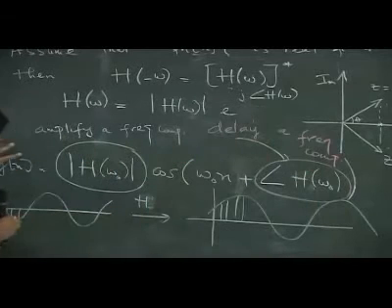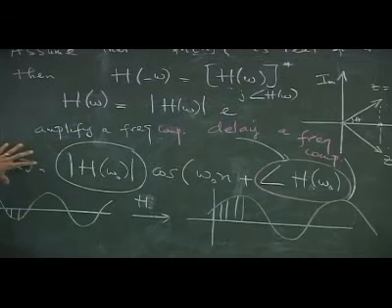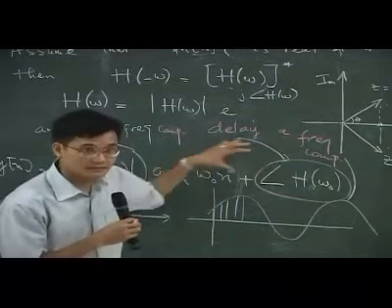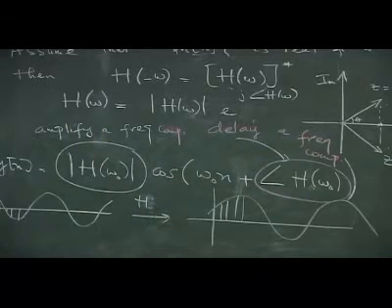Right? Any signal can be decomposed into different frequency components, and for that particular input, the output can be amplified and delayed by these two. Okay. And that's why we need to have a linear phase.